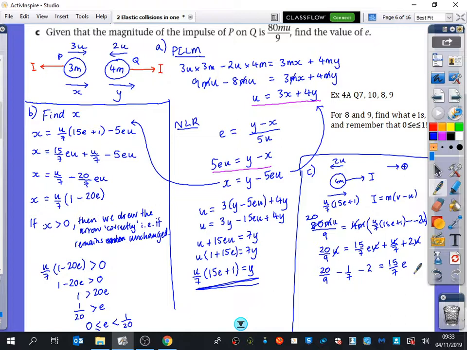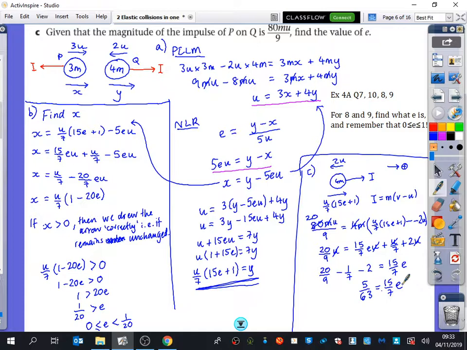Now is probably the time we're going to want to use a calculator and just make life a bit easier. So we've got 20 over 9 minus 1 over 7 minus 2. So that's 5 over 63 equals 15 over 7e.